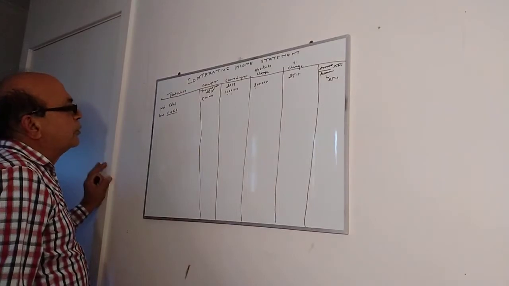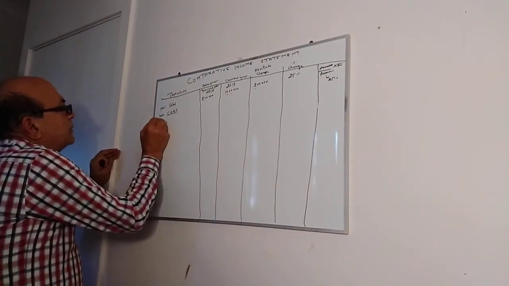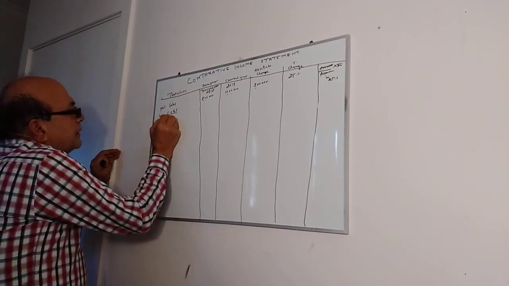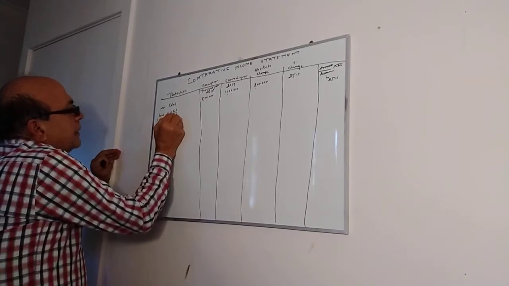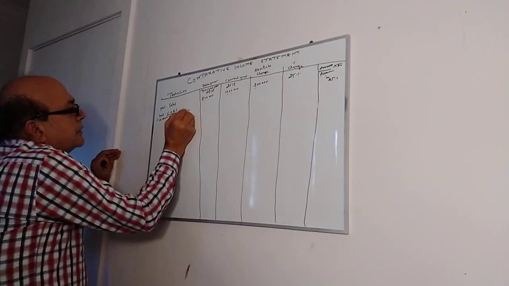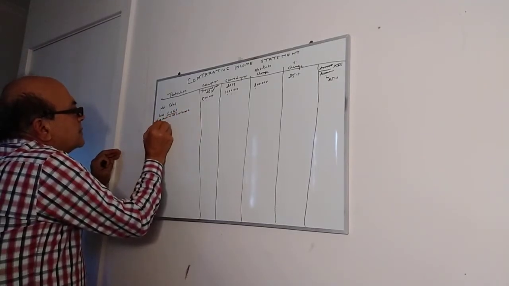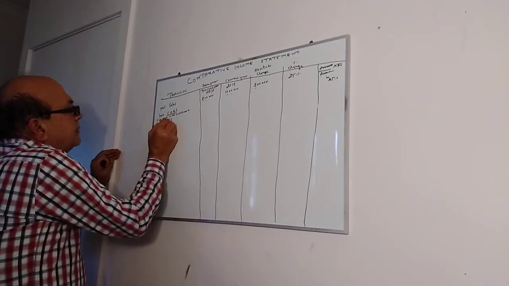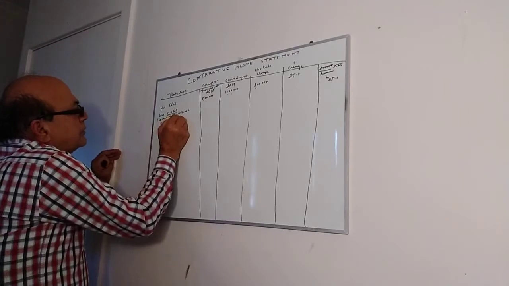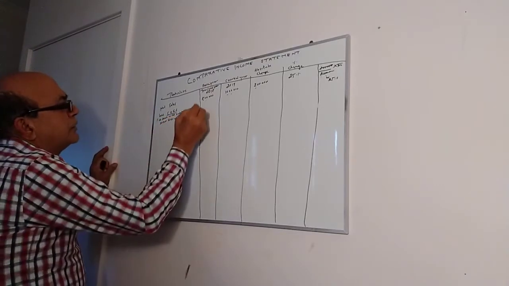I have told you before: opening stock plus net purchases, where net purchases mean purchase minus purchase returns, plus direct expenses, where direct expenses mean productive expenses, minus closing stock. So this is cost of goods sold.